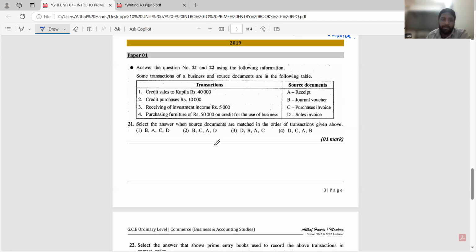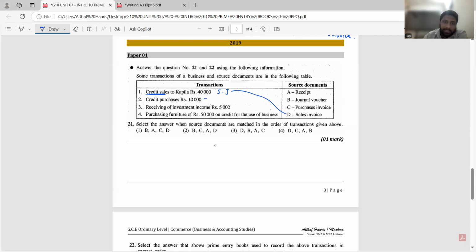Okay, let's discuss. Answer the question number 21 and 22 using the following information: some transactions of a business and the source document. Credit sales, sales journal, source document, sales invoice.